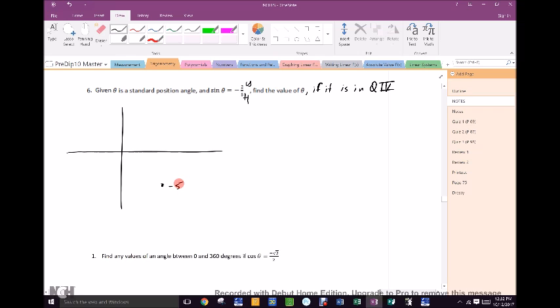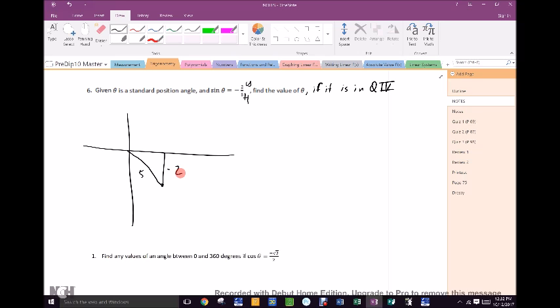And what's this have to be? I lie. Sorry, I lie. But I can't erase because I have quality equipment. Oh, wow. There's the quality. 5, negative 2. Excellent. Of what?